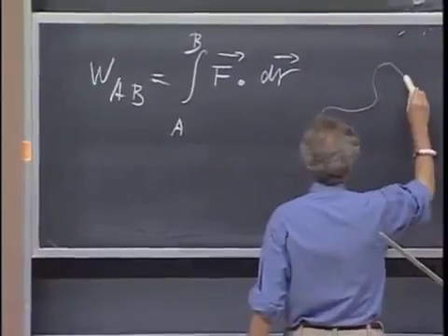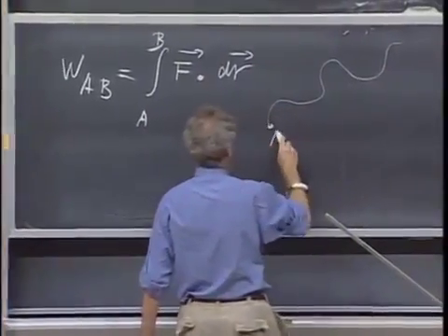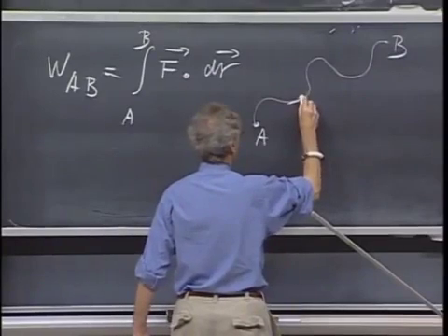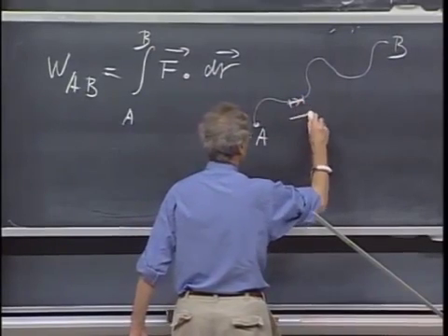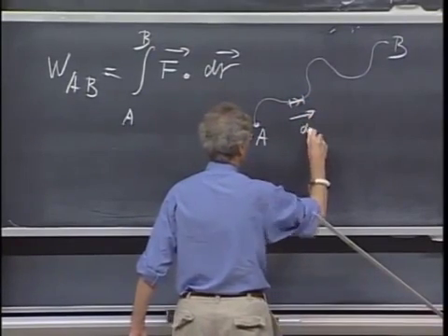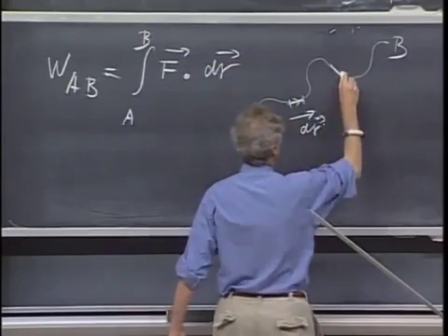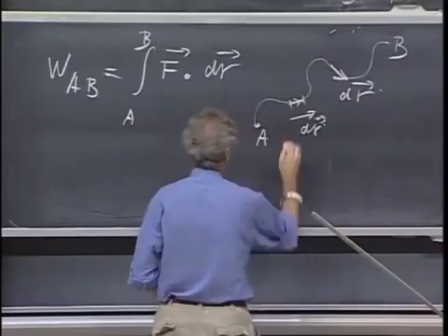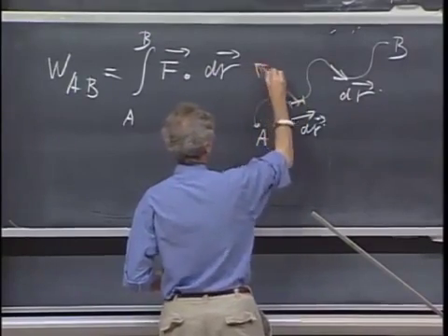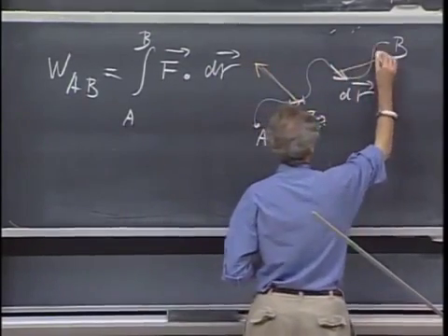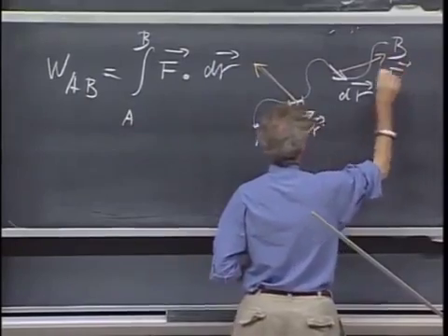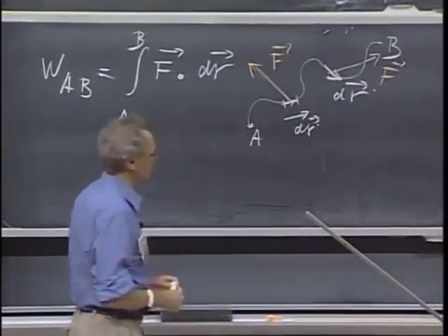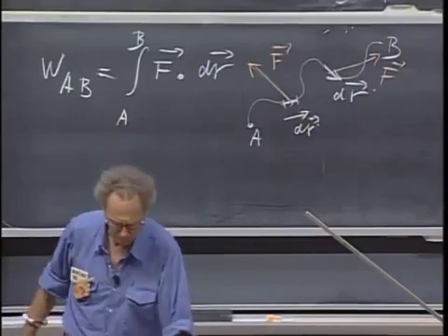So if this is from A to B, then if you go in this direction, this would be the little vector dr, and here, that would be a little vector dr. And the force itself could be like this here, and the force could be like this there. The force can obviously change along this path.